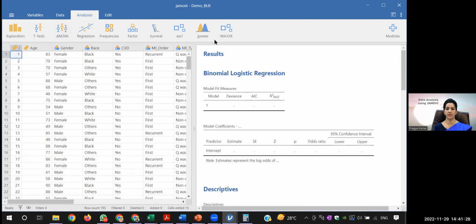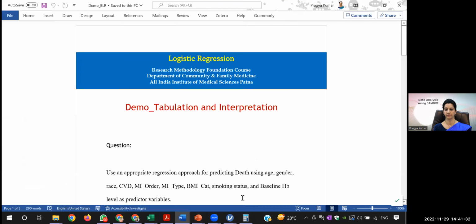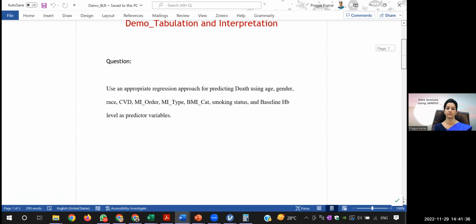I'll read the question. I have to use an appropriate regression approach for predicting death using age, gender, race, cardiovascular disease, MI order, MI type, PMI category, smoking status, and baseline hemoglobin value as predictive variables.